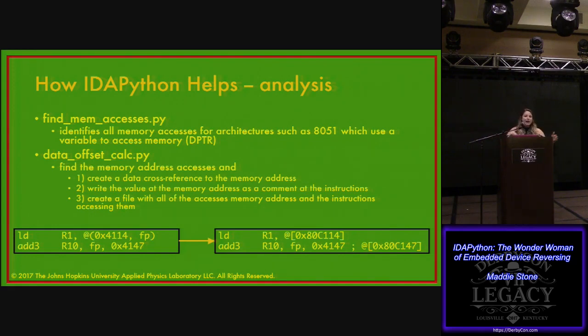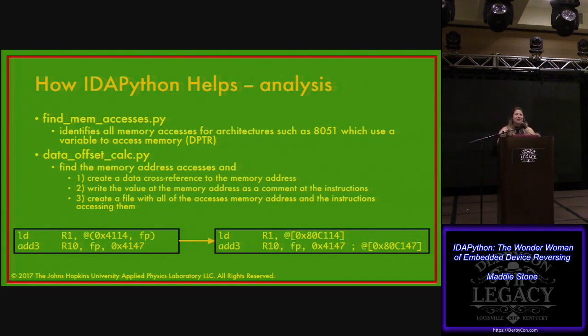And that comes back to what we originally talked about. So let's use 8051 as an example. Since 8051 is a Harvard architecture, to access any memory on the memory bus, they have to use the DPTR. So that memory address is loaded into DPTR, then they do moves, and that's when you can read or write to that address. That means that IDA does not know that you are interacting with that memory address.